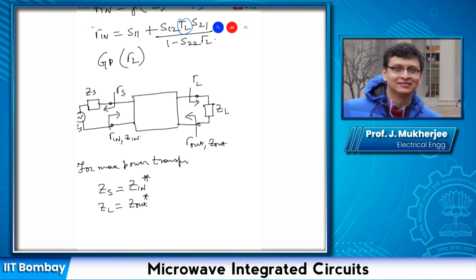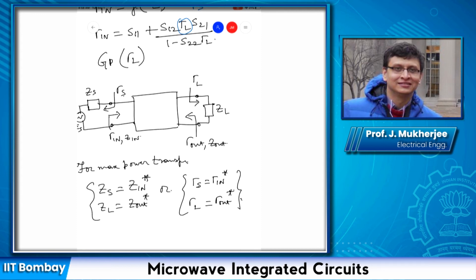Or gamma S equal to gamma in conjugate and gamma L equal to gamma out conjugate. Now try to prove this relationship, that when these two conditions are true, these two conditions will also be true.